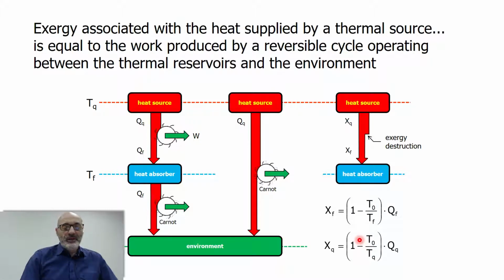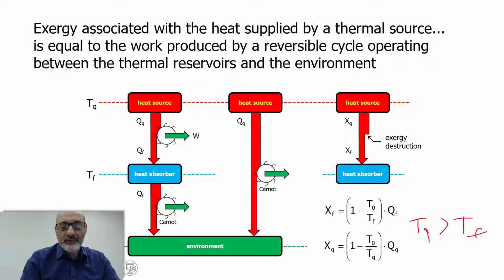T0 is the environment temperature, and Tq is the temperature of the heat source, and the same for xf, only that the heat source is this blue thermal reservoir, Tf. So we know that Tq is greater than Tf.